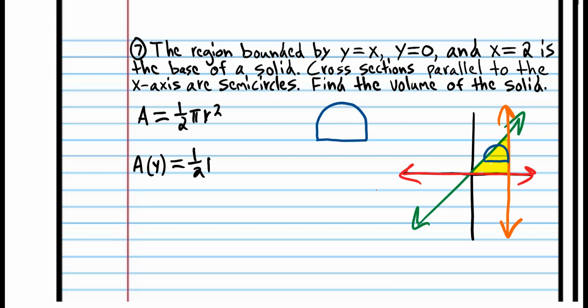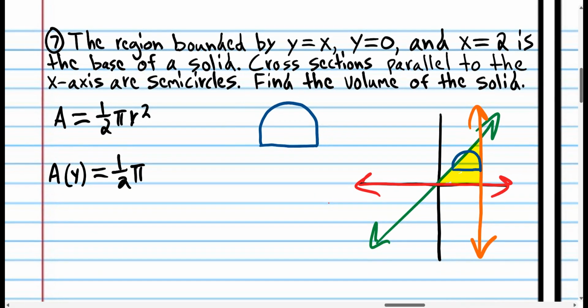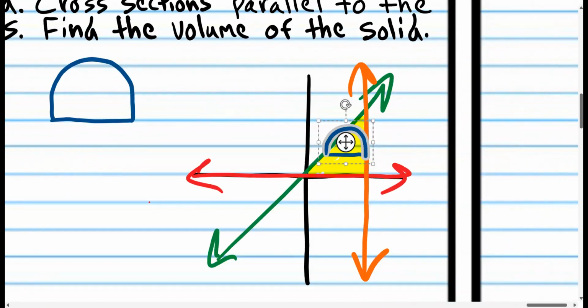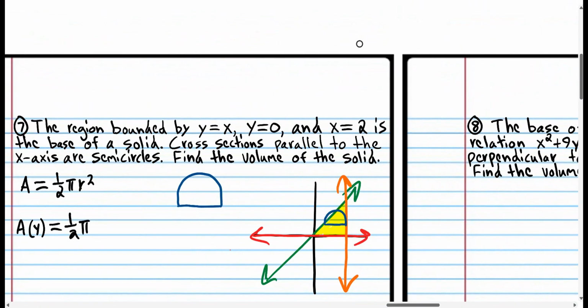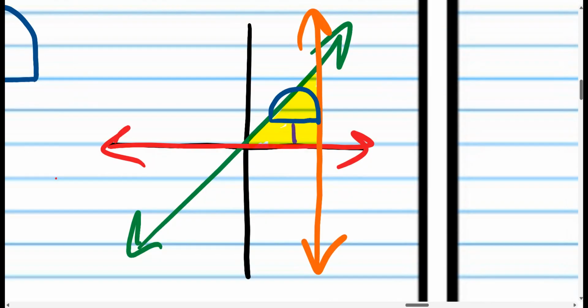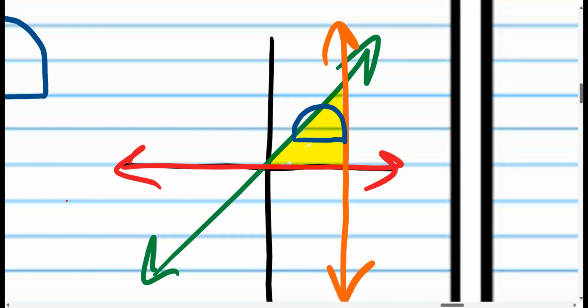So we're going to have 1/2 pi r squared, but what is r? R is this distance here. But first we're going to find the diameter of the semicircle and then divide that by 2. So we're going to take this x value, which is 2, and then we're going to subtract this x value, which is y.